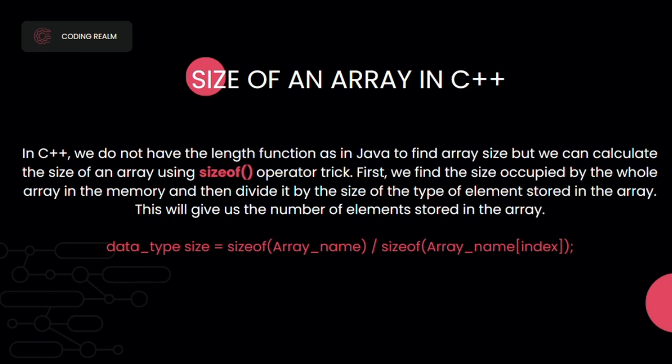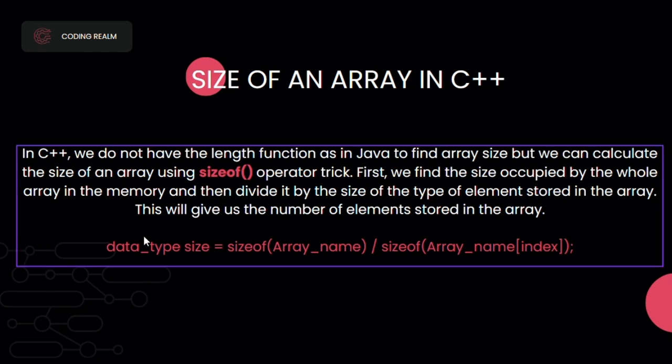First, we find the size occupied by the whole array in memory and then divide it by the size of the type of element stored in the array. This will give us the number of elements stored in the array. This is the syntax: data type size equals sizeof array name divided by sizeof array name with index.